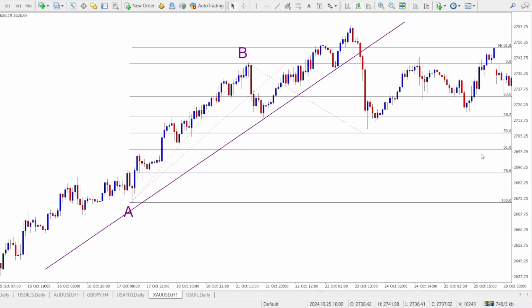Those are the common levels that you might likely see in the default settings. But the 78.6% is also one of the levels, and of course the 100% also comes in the default settings. Okay, so basically the levels for Fibonacci retracements are the 0%, 23.6%, 38.2%, 50%, 61.8%, 78.6%, and 100%.